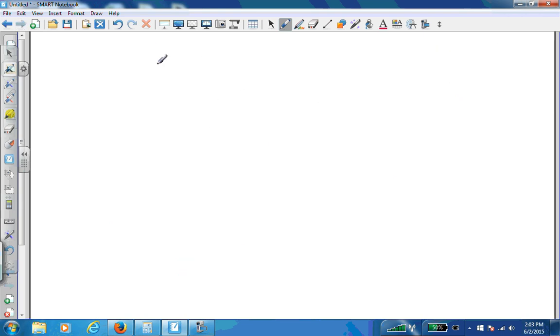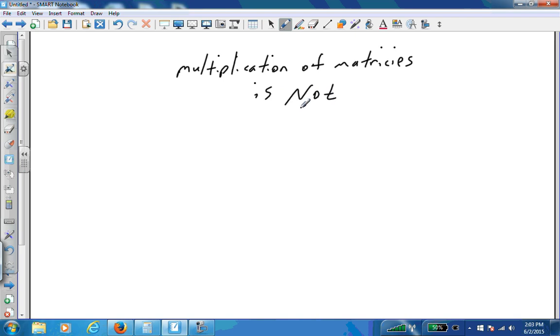So multiplication of matrices is not commutative.